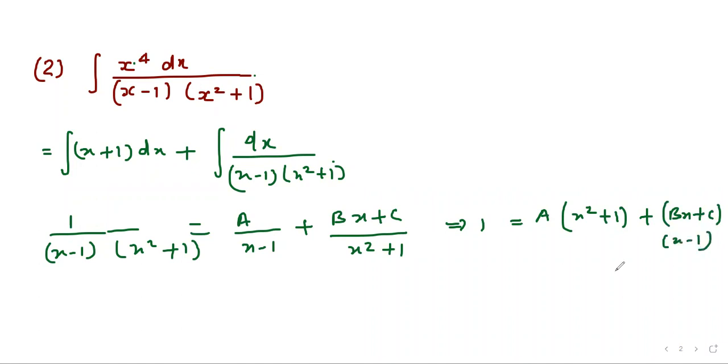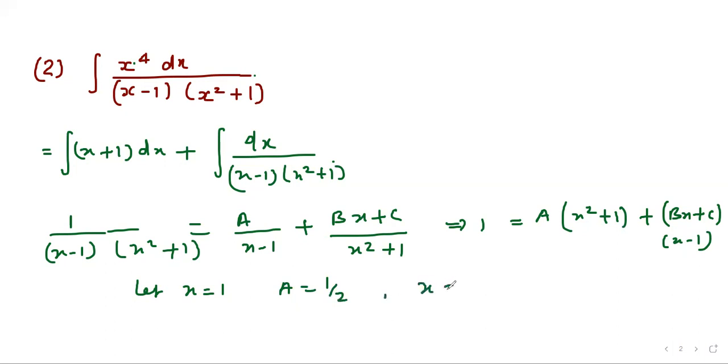Now we put x equal to 1. In that case, this term will become 0 and we will get A equal to half.